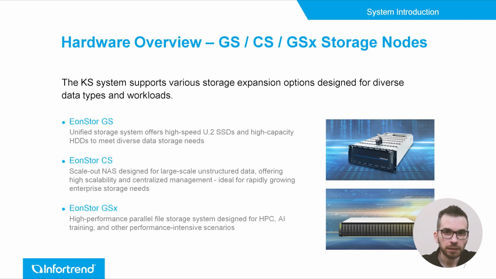IonStor CS is a scale-out NAS built for unstructured data and centralized management at scale. IonStor GSX delivers parallel file performance for HPC and AI training scenarios, perfect for demanding AI and HPC workloads.